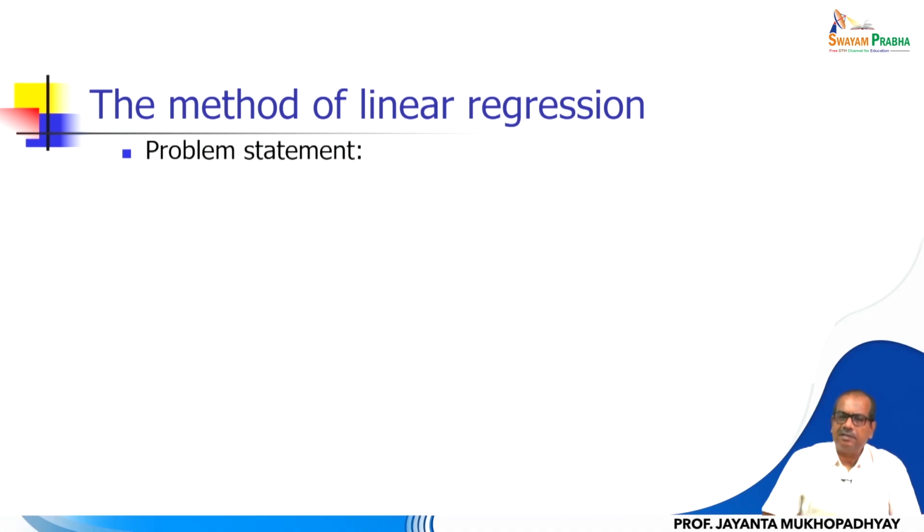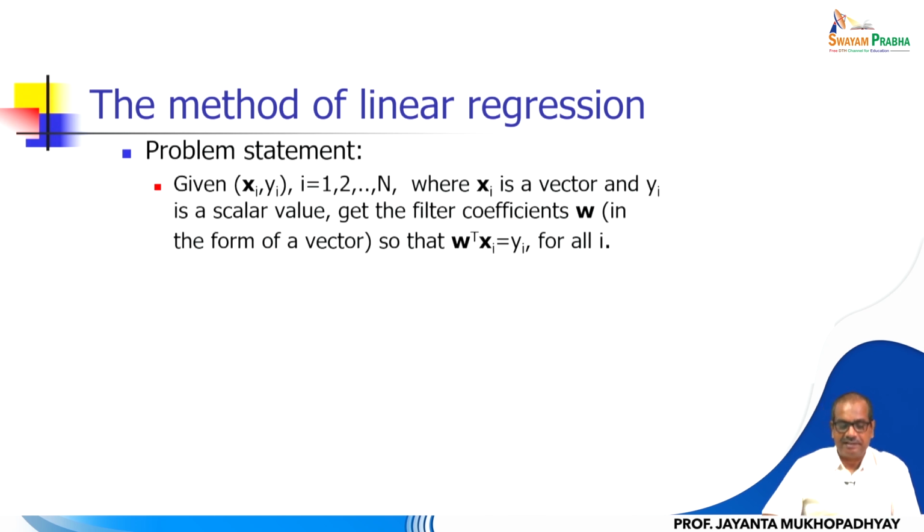So let us first revisit this method of linear regression, because correlation can be expressed as a linear operation, as I mentioned. The problem statement is that I consider pairs of corresponding vectors, the vector in the frame where the object has been moved.